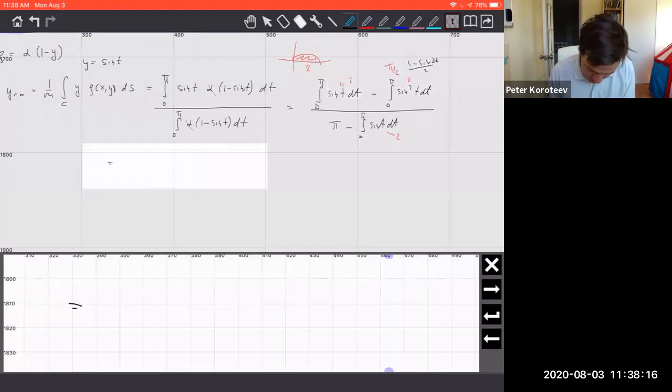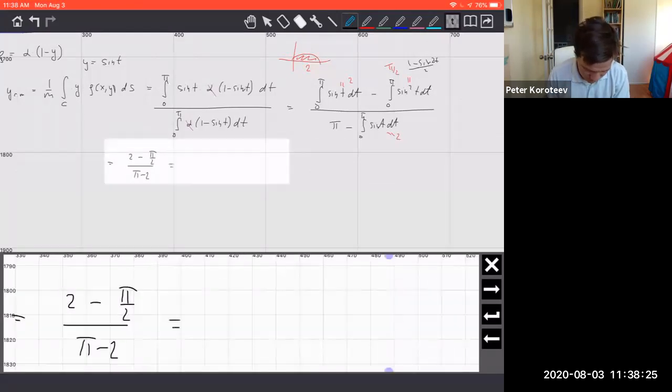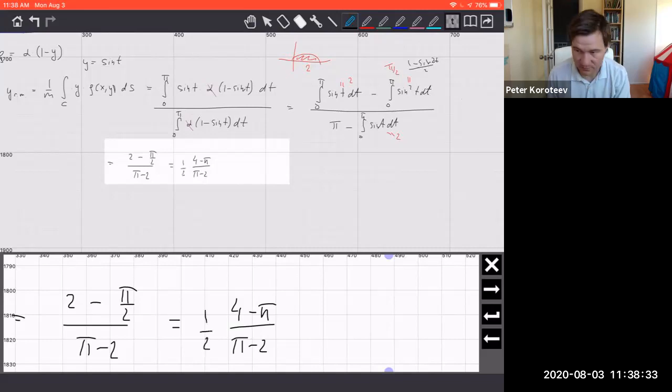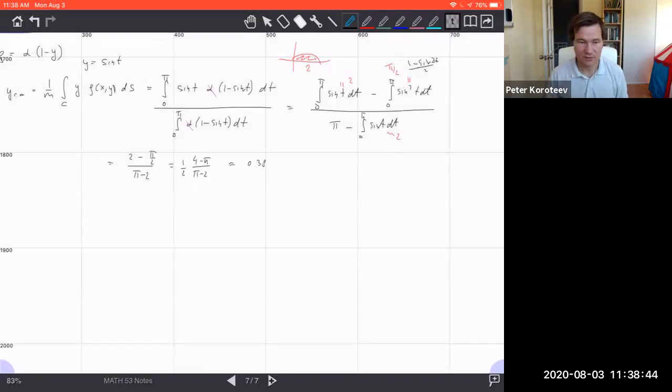So we get 2 minus pi over 2, divided by pi minus 2, which is (4 minus pi) over 2 times (pi minus 2). Plugging in the numbers, it's approximately 0.38. That's the position of the center of mass.